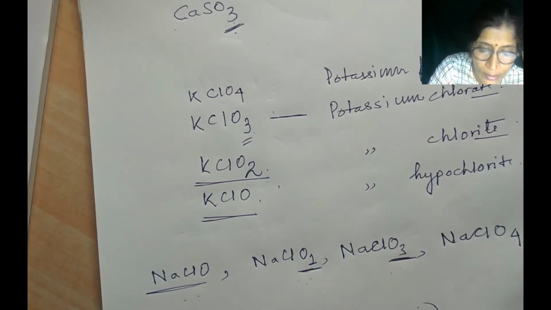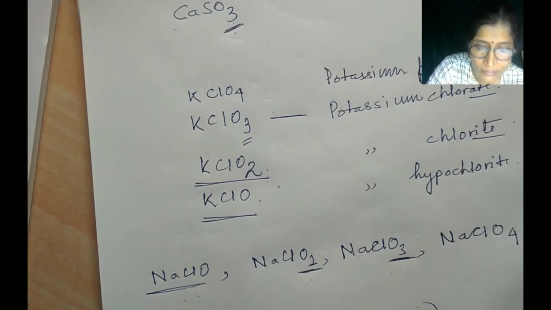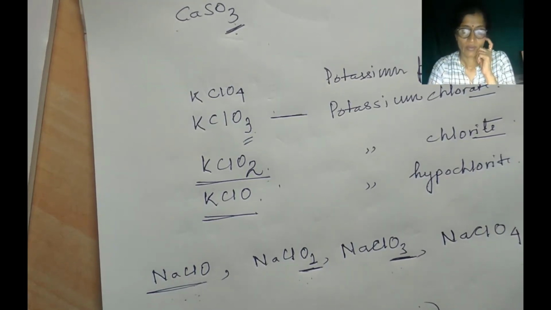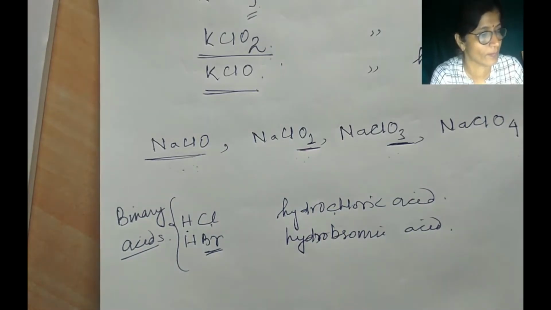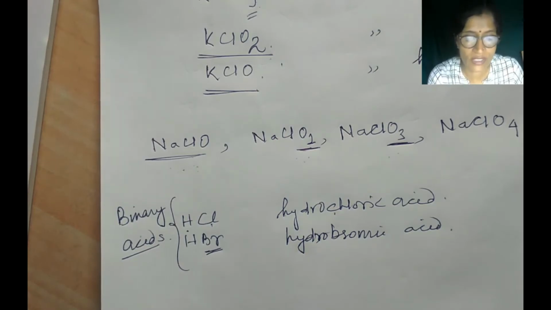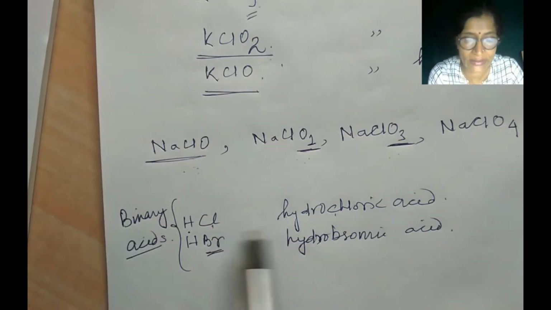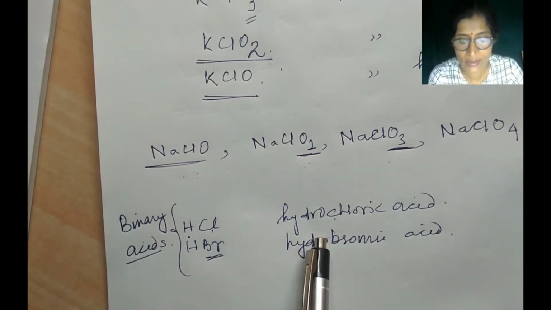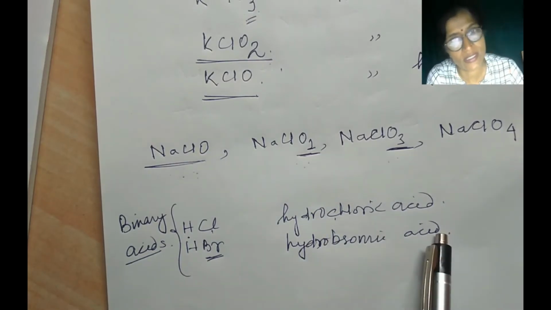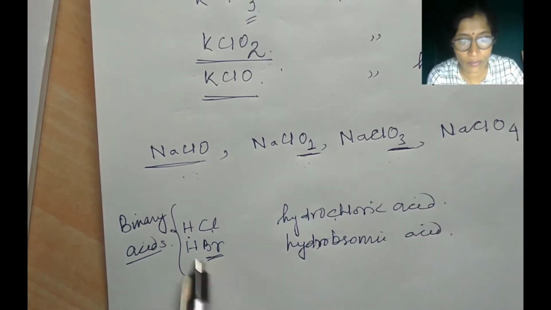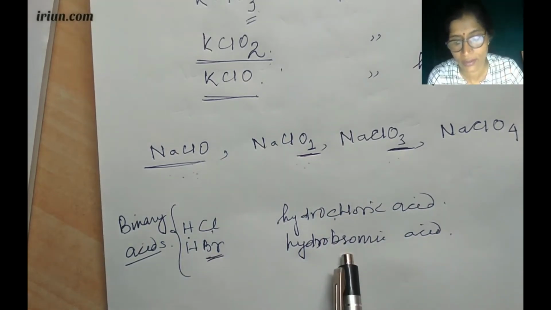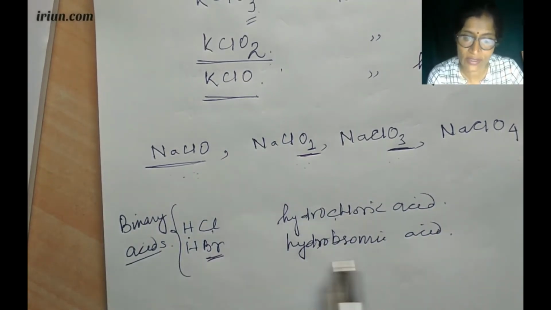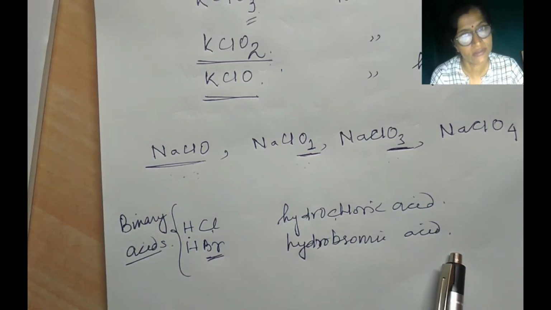So I will give the word hydro as the prefix and ic acid as the suffix. Again here, it is the acid of bromine, so hydro as the prefix and ic acid as the suffix.